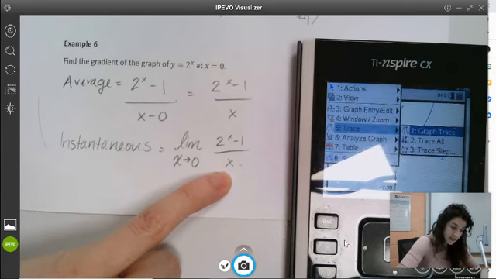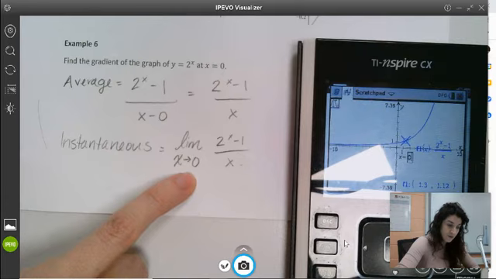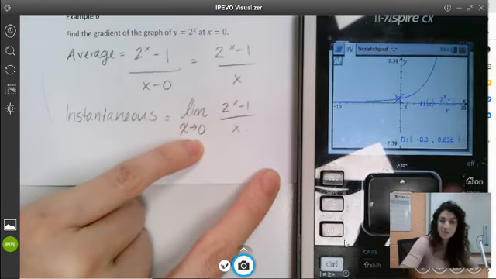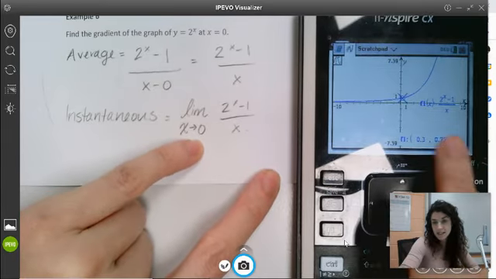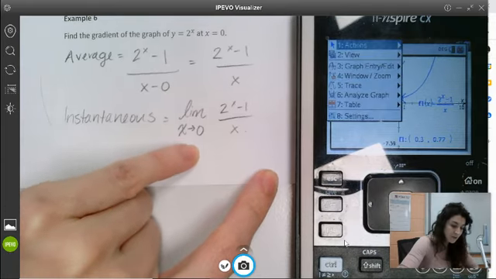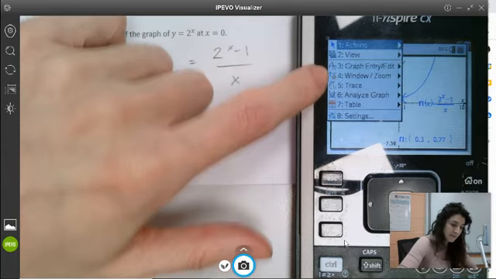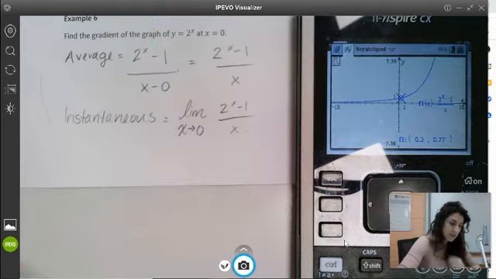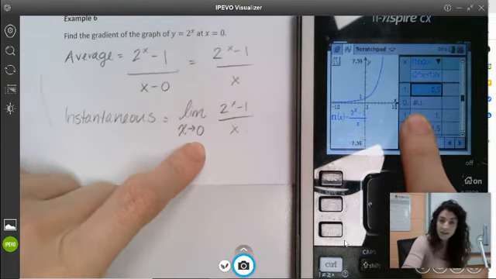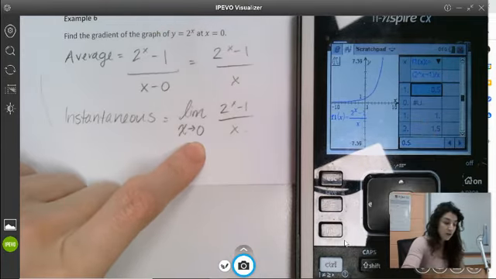So if I wanted to trace this and go to 0, it's going to be undefined, right? I can go a little bit to the left and get some information, a little bit to the right and get some information, but I don't know exactly what that number is. So we can use our table again to get a better idea. Table, split screen table. I want to know what's going on at 0. I can see undefined at 0.